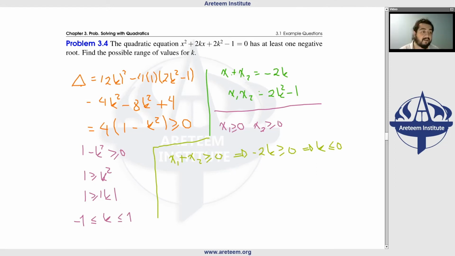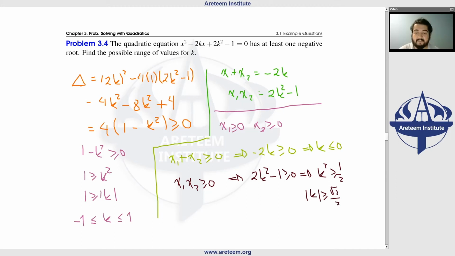And we also have the product of the roots, so we multiply two positive numbers, we get a positive number, that is 2k squared minus 1 is at least 0, and so we get then that k squared is at least 1/2, that is, the absolute value of k is at least root 2 over 2.